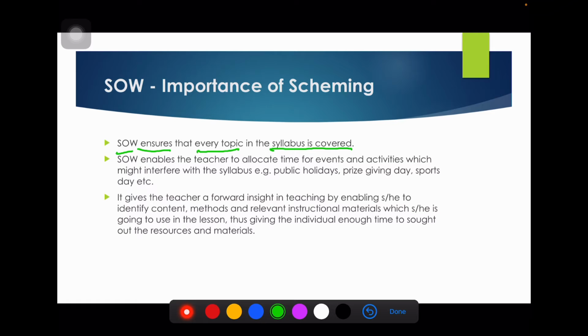Okay? Now, SOW also enables the teacher to allocate time for events and activities which might interfere with the syllabus. For example, public holidays, prize-giving day, sports day, etc. You will need to take into consideration when you have what we call an academic year.